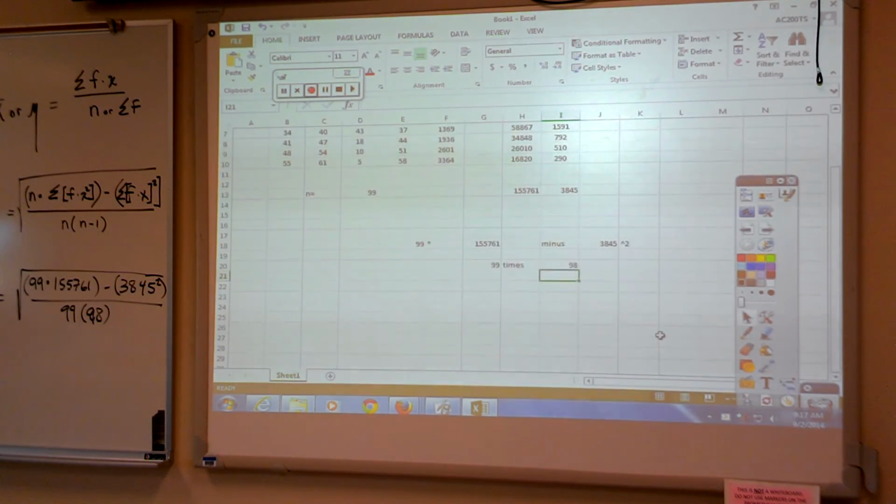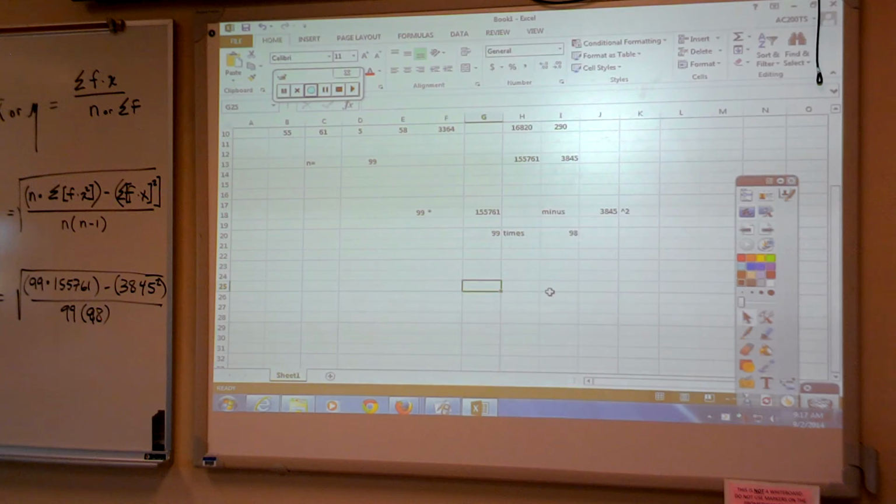So now I'm gonna go down here and I'm gonna say equals this guy times this guy minus this guy raised to the what? Second power. Should this number always be smaller than this number? Why? Because you can't take the square root of what? Of a negative. Equals 99 times 98.